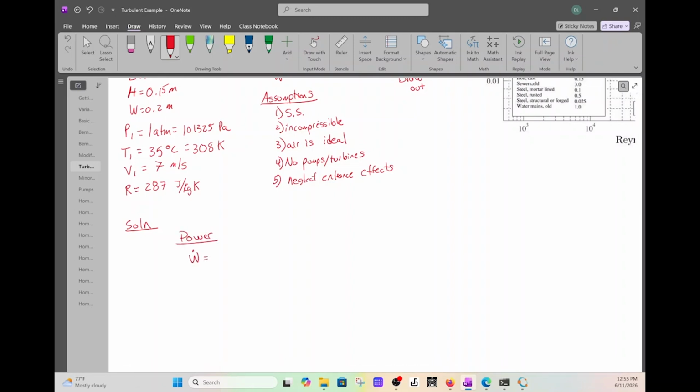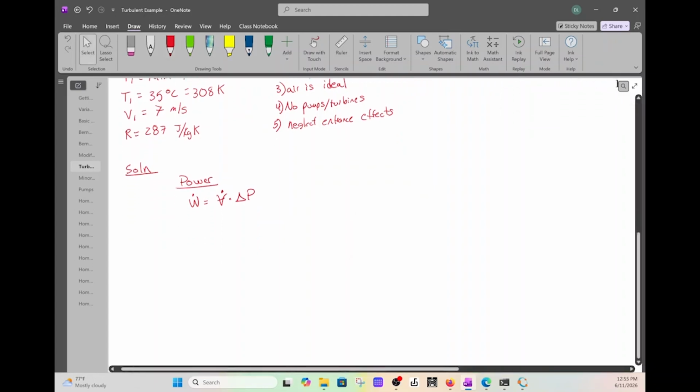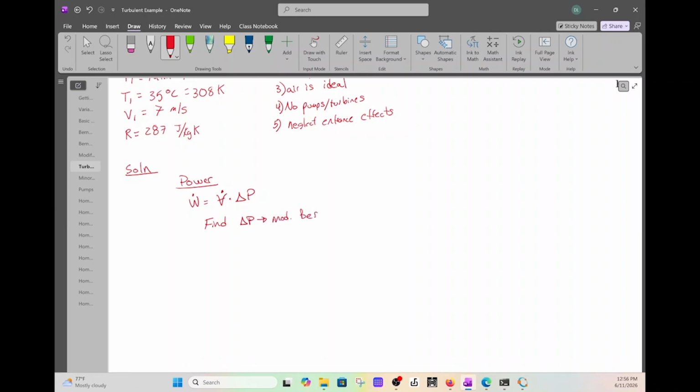So W dot is V dot times delta P. We need to find delta P. We're going to use the modified Bernoulli's. Spell it out for you. So write it down.